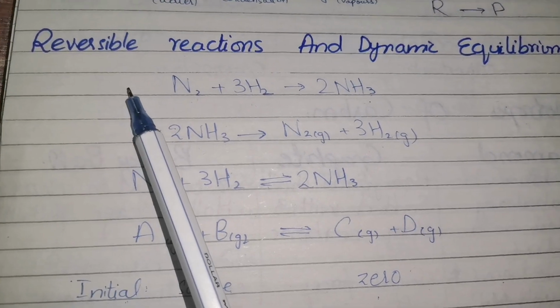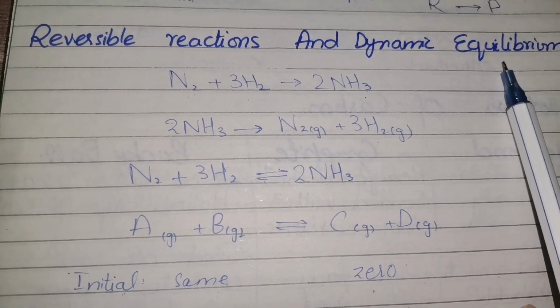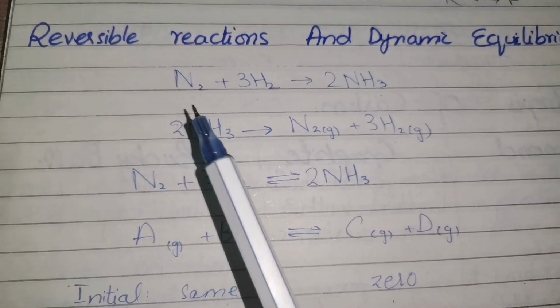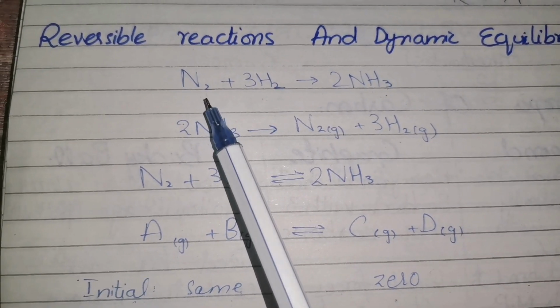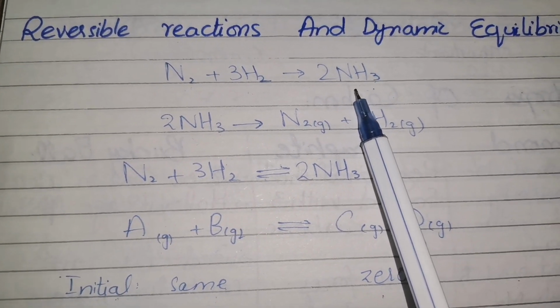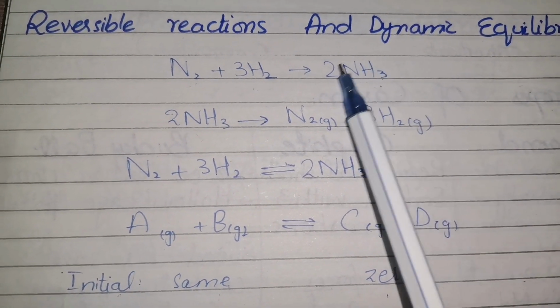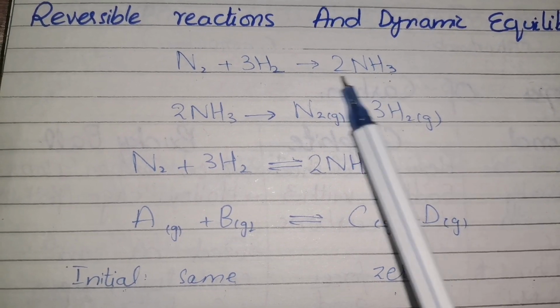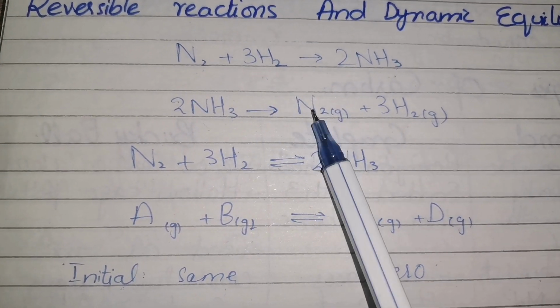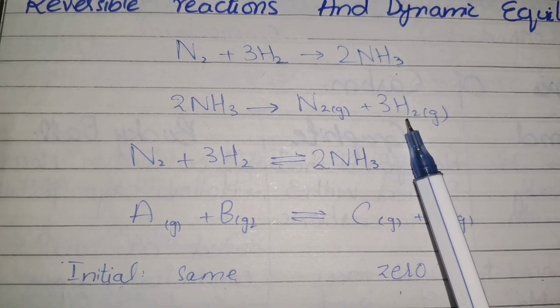Now coming towards the reversible reactions and dynamic equilibrium. Let us again clear our concepts. Taking an example of this reaction where N2 and H2 react to form NH3. But then we see that after the formation of this product, NH3 again breaks down into N2 and H2.